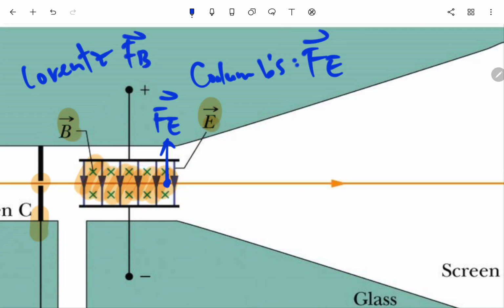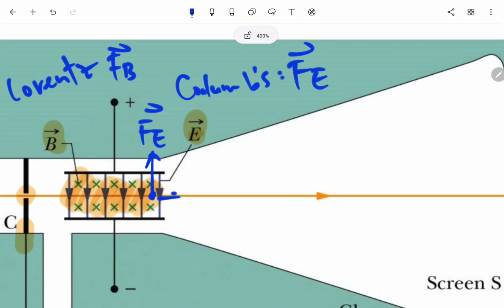For Fb we need to use the right hand rule. First of all, V is pointing to the right side, Q is negative, and B is pointing into the page, shown in the green cross. So V is pointing to the right, and B is pointing into the page.